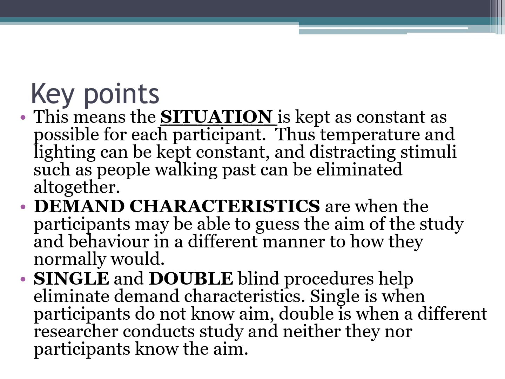Double blind is similar, so participants as well go through single blind, they don't know the aim, but you get a different researcher to conduct your study, so you are not influencing the outcome of your results at all. You've got somebody else doing it. They don't know what the aim is. They're just given a set of instructions and they're told to do this, this, this and this and measure this.